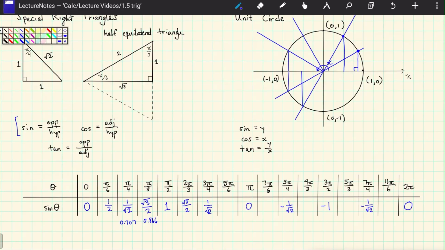My y coordinate should be 1/2. 7 pi over 6, y coordinate is negative 1/2. And then at 4 pi over 3, my y coordinate is negative root 3 over 2. And at 5 pi over 3, that's here, and my y coordinate is going to be negative root 3 over 2.